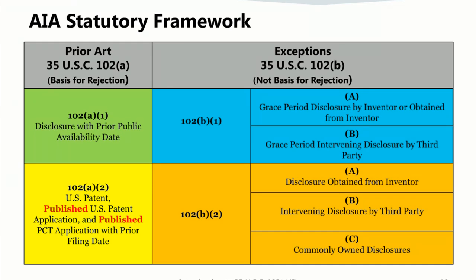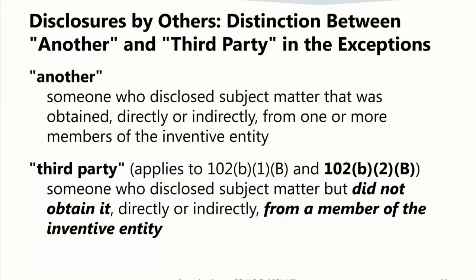It also covers exceptions under 102(b), which will be covered in depth in a later module. For now, note the exceptions to 102(a)(2) under 102(b)(2) include disclosures from the inventor, disclosures by a third party, and commonly owned disclosures. To distinguish between inventor-originated disclosures and non-inventor-originated disclosures, remember the important distinction between another and third party.